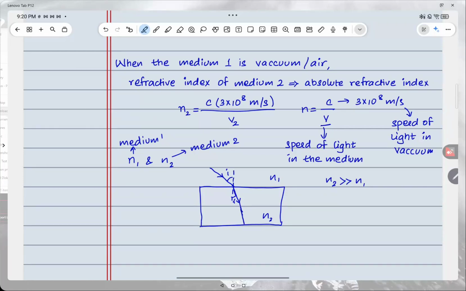So in this case, let's say this is your normal. It is going from N2 back to N1. What will happen? Will it bend towards the normal or away from the normal? Can anybody tell me?